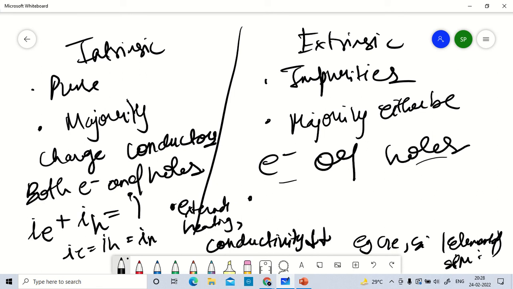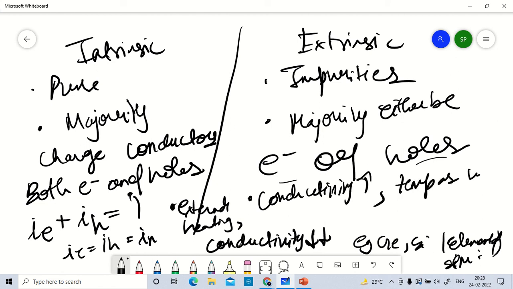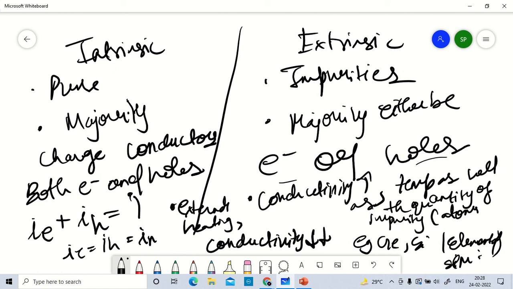Whereas for extrinsic, conductivity is of course high, and it does not only depend on temperature, it depends on temperature as well as the quantity of impurity, because we are going to use trivalent and pentavalent only. Quantity of impurity, that is atoms added.